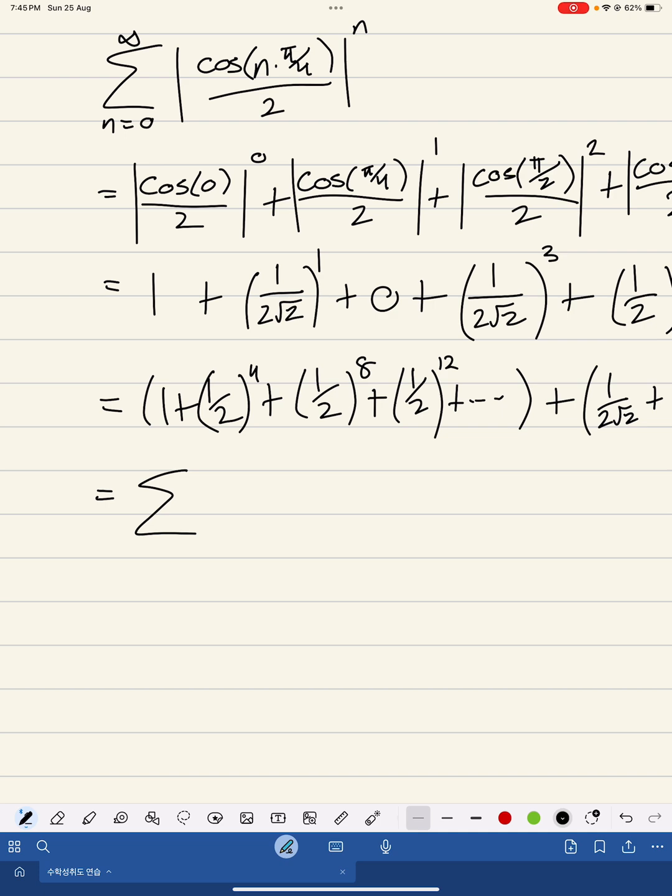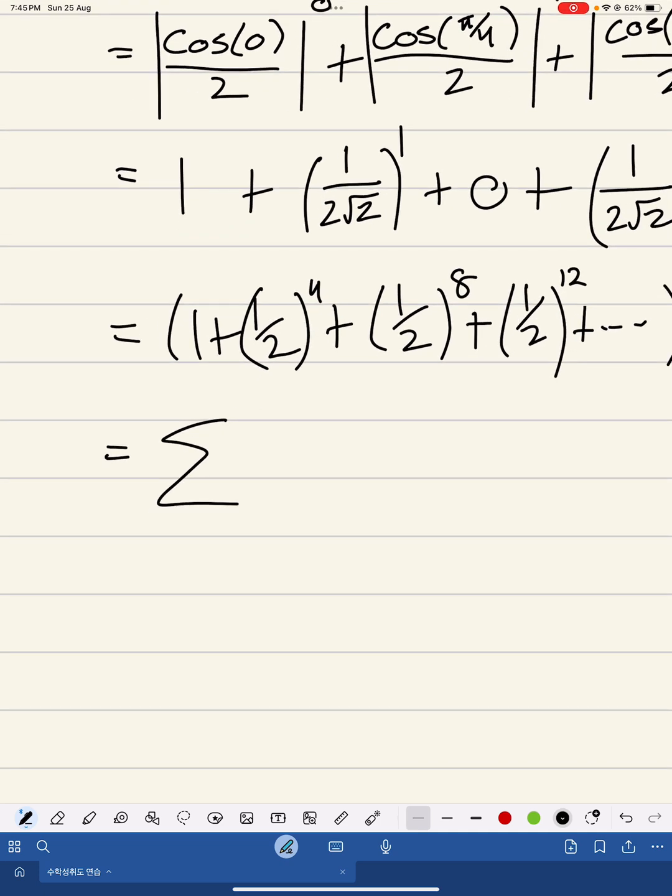notation into 2. We can write this as the sum from n equals 0 to infinity of 1/2 to the 4n, right? When n equals 0, that is 1/2 to the 0, which is 1. N equals 1, it's to the 4, when it's 2, to the 8, and so on and so forth.